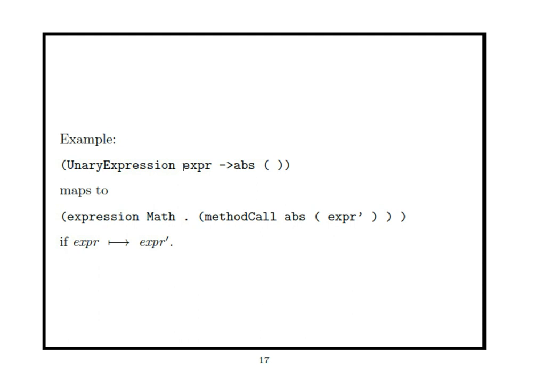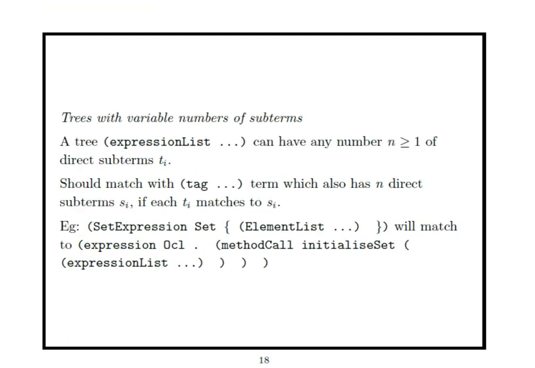So here we're reordering the arguments, reordering the subtrees. This first tree becomes now the second subtree of the top, third subtree of the top. So it's quite a complicated reordering of structure, but that correspondence can still be recognised. And we can also have variable numbers of terms in each tree.